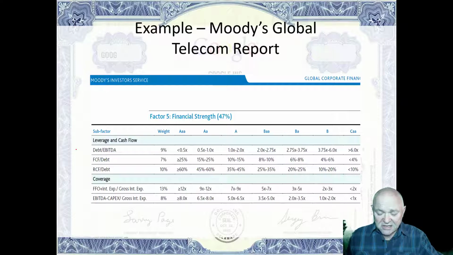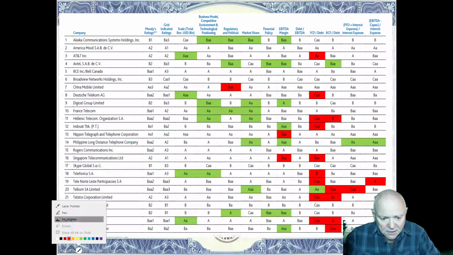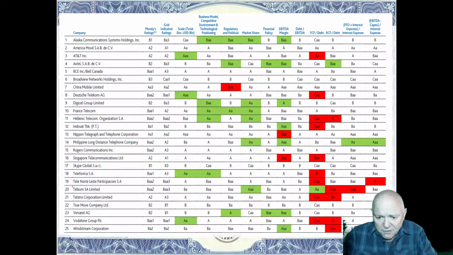You can actually see the effect on certain companies. When we look at the back of the report, you can see that different companies were given different scores. Just to pick one and take a look at it, Telecom SA, about halfway or two-thirds of the way down the list.